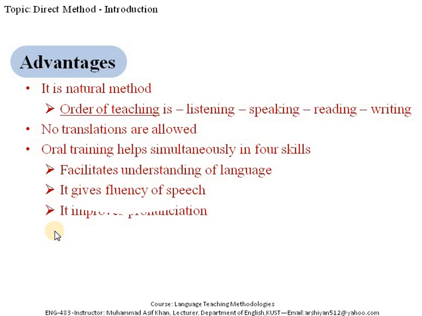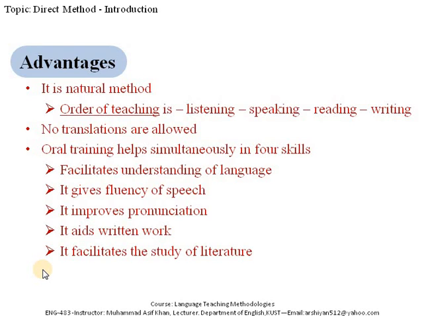In this way, with fluency in speech and understanding of the language, all these capabilities aid the written work, and also facilitate the study of literature, which is often considered the first priority in the grammar translation method.